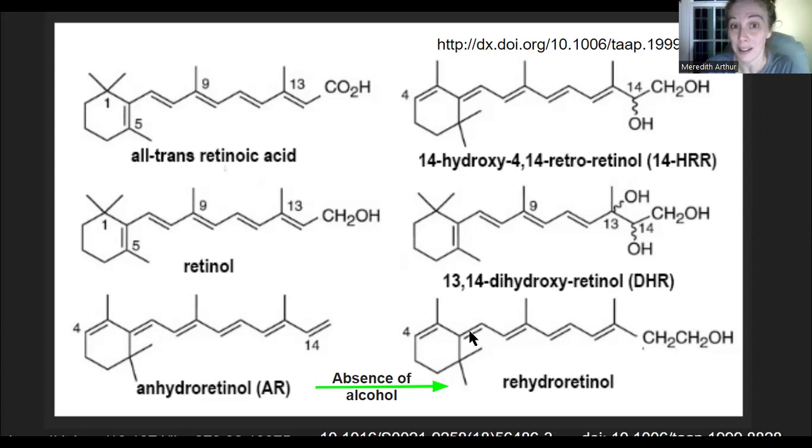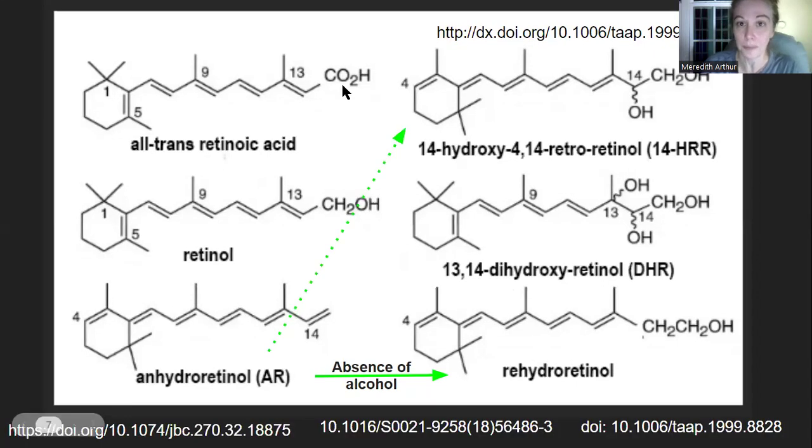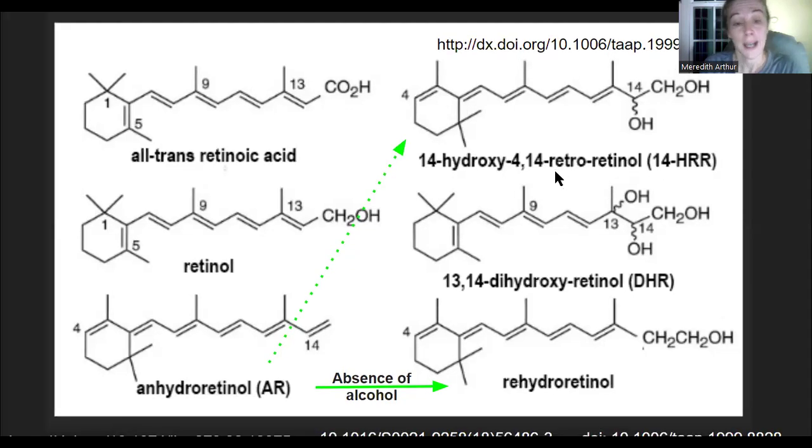So I think our real big goal would not be to make rehydroretinol. It would be to prevent the formation of anhydroretinol. There was another study that showed that anhydroretinol can be converted to this 14-hydroxy-4-retroretinol, 14-HRR.